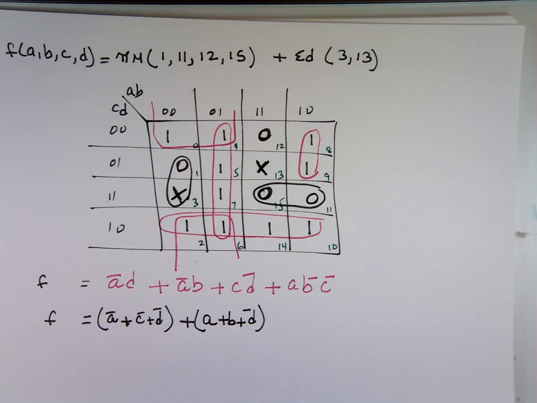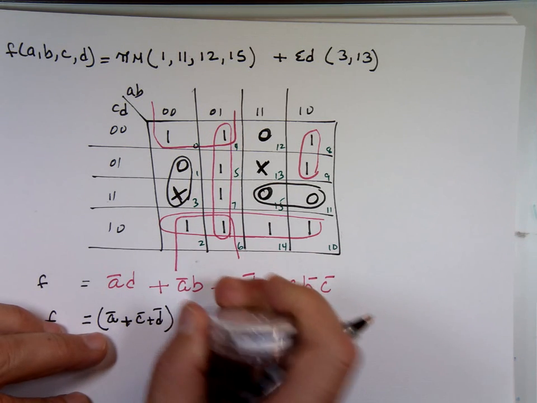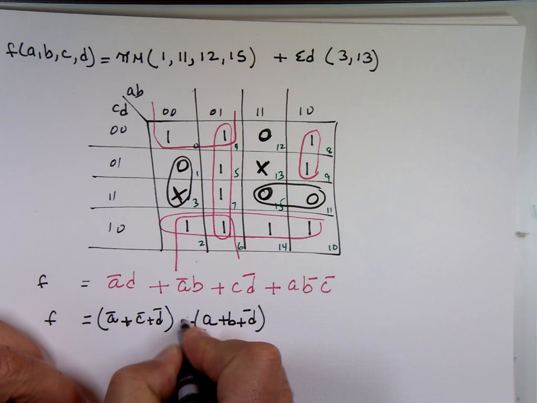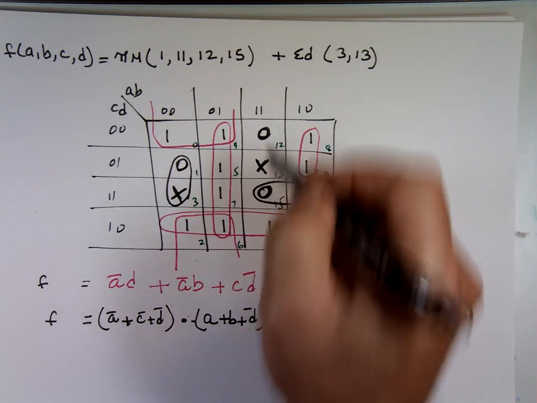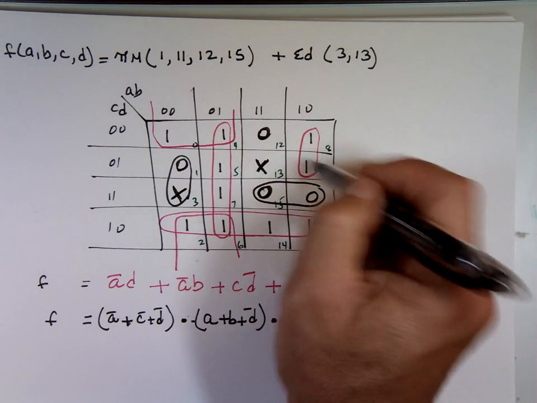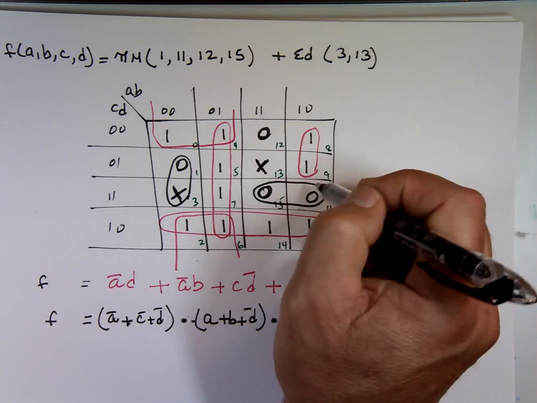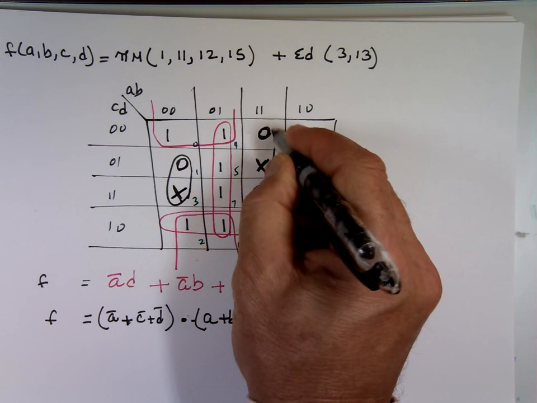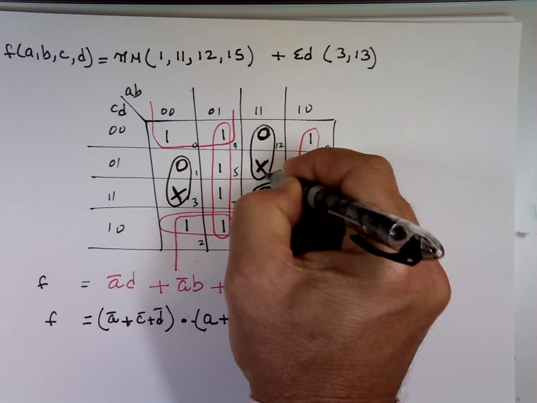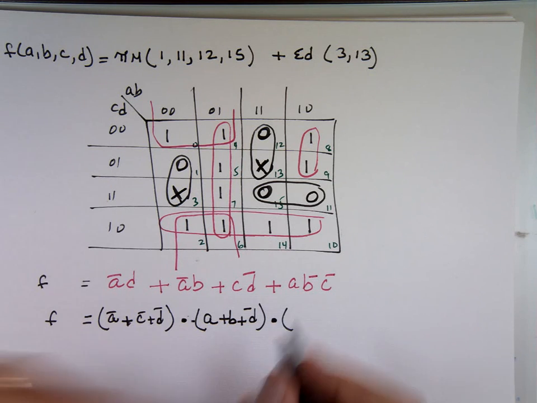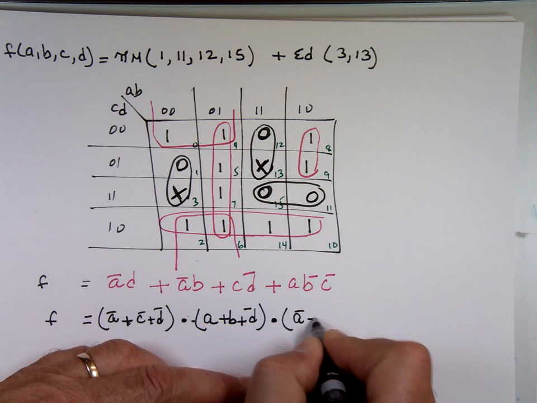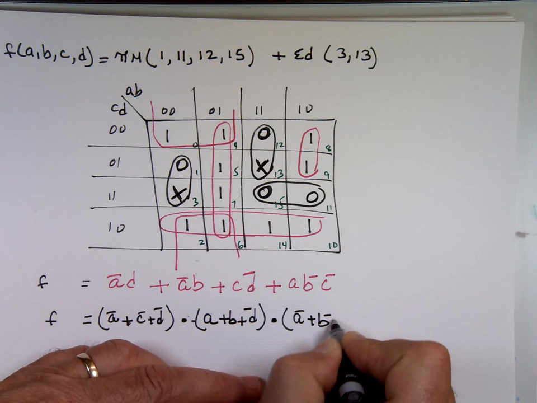That's a multiplication here, not an addition. And I still have one more 0 to grab. And is there another 0 you can grab it with? No. Unless I make that X a 0. If I make that X 0, that's A naught, B naught, plus C.